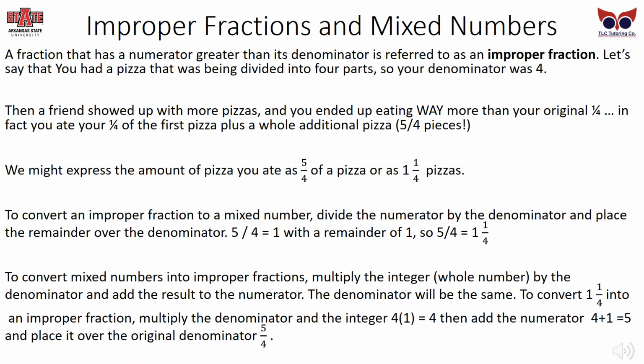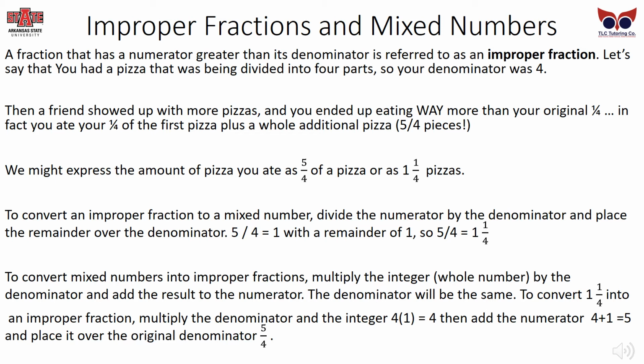A fraction that has a numerator greater than its denominator is referred to as an improper fraction. Let's say that you had a pizza that was being divided into 4 parts, so your denominator was 4. Then, a friend showed up with more pizzas, and you ended up eating way more than your original 1/4.